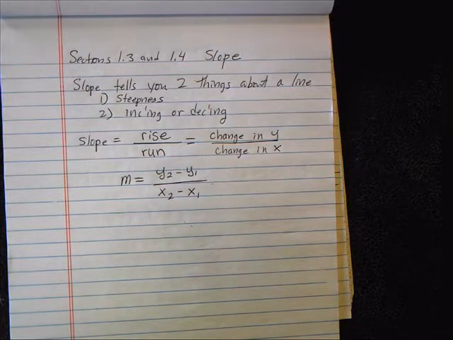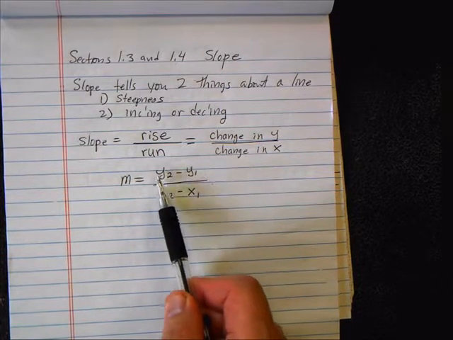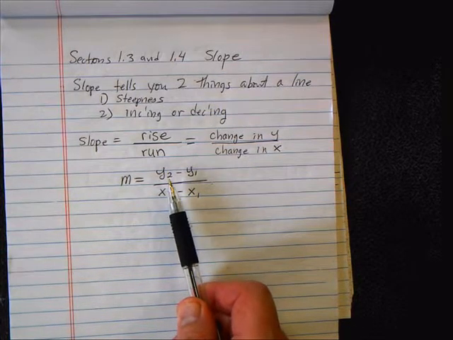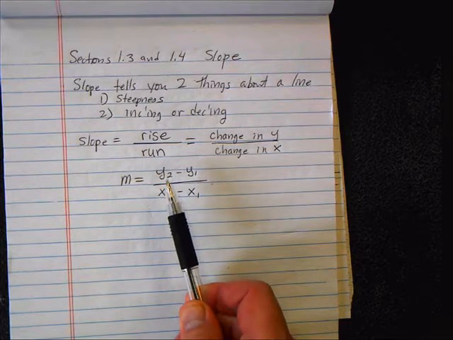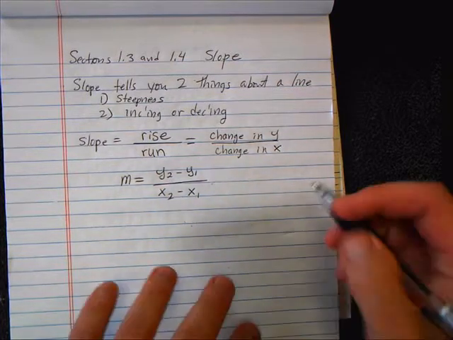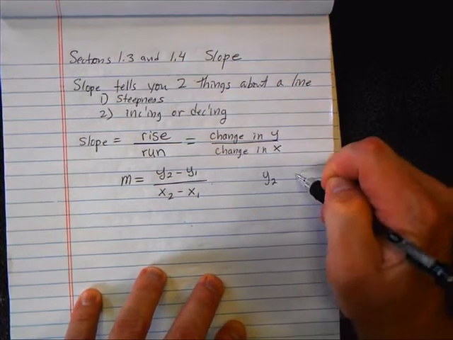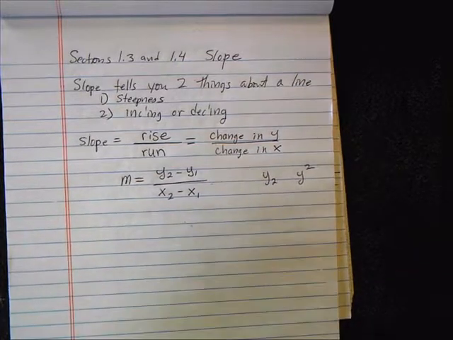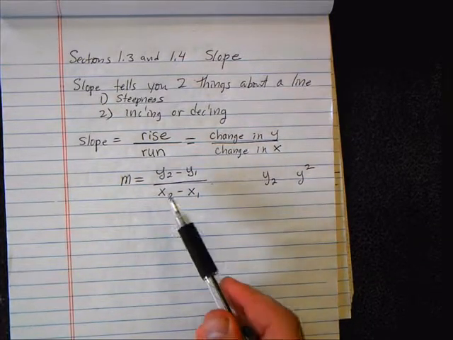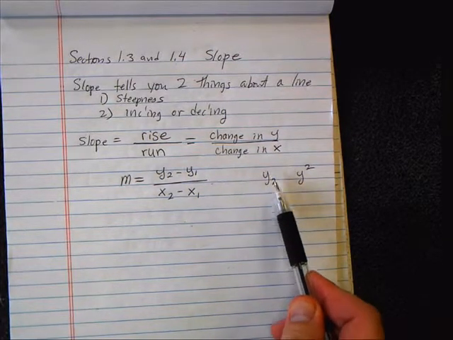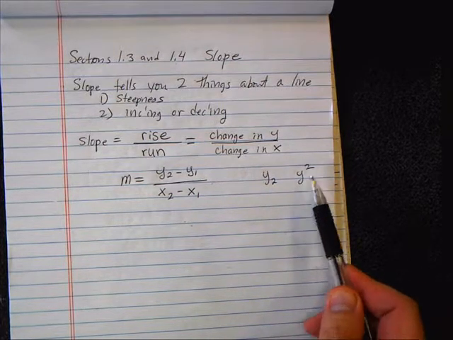All right, next thing I want you to notice. Notice I wrote y2. I called it y2. That's not the same as y squared. Notice that here I wrote y2, and y squared would be that. What's the difference between this symbol, y with the 2 down there, and y with a 2 up there?